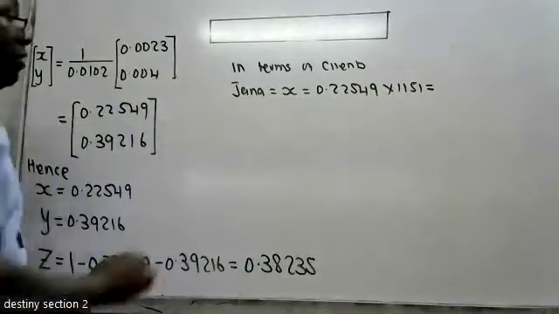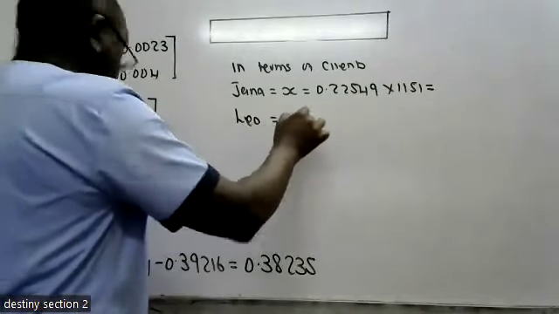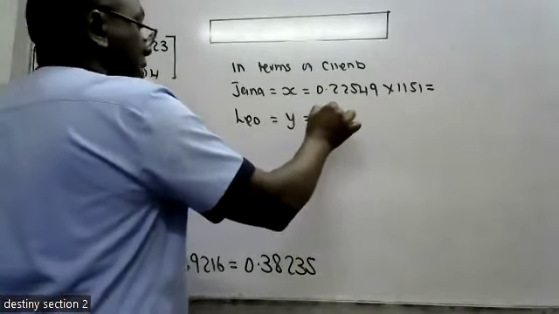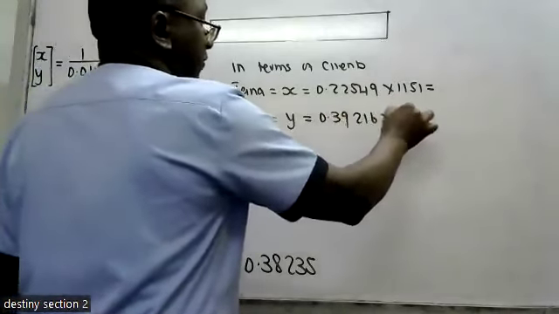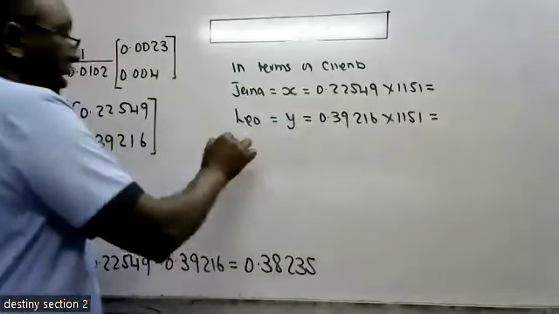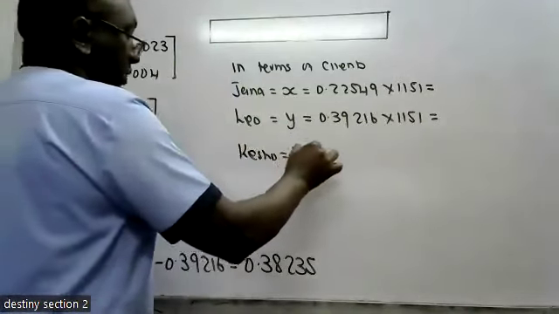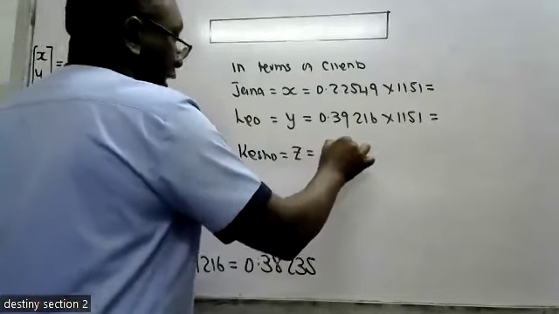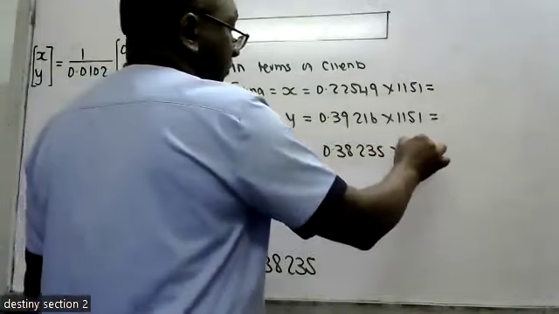Leo, which was represented by Y, will have 0.39216 multiplied by 1151. Kesho, which was represented by Z, will have 0.38235 multiplied by 1151.